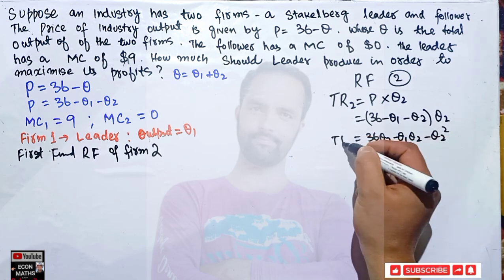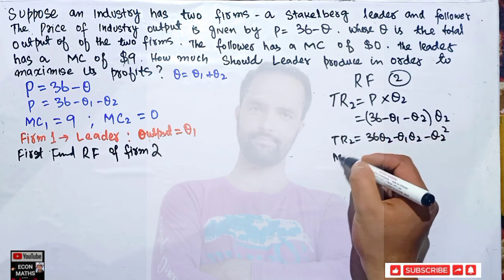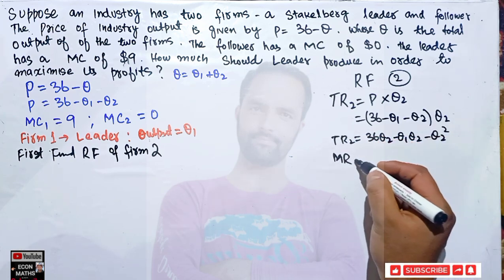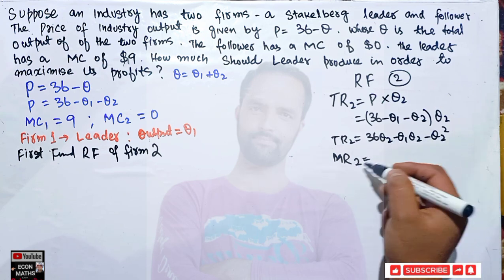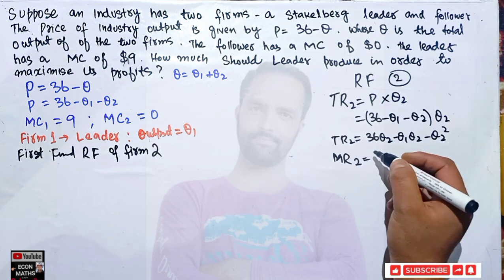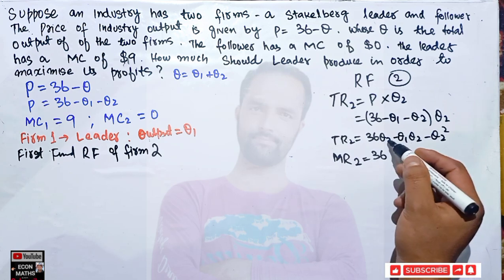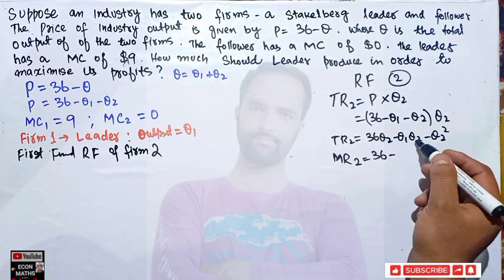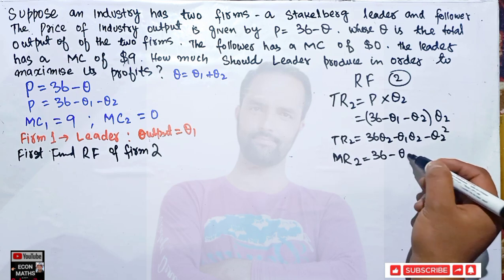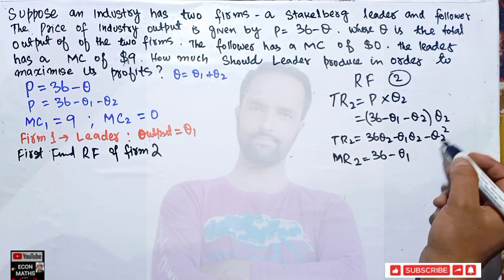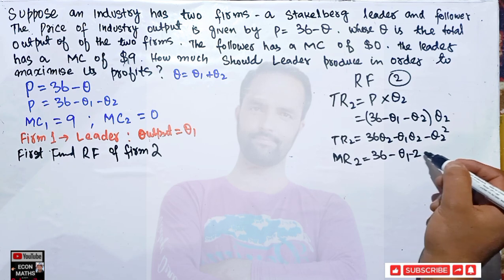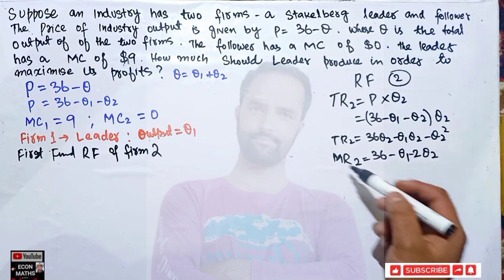This is total revenue. What is marginal revenue? Marginal revenue is the derivative of total revenue with respect to quantity Q2. The derivative of 36Q2 is 36, the derivative of Q1Q2 is Q1, and the derivative of Q2 square is 2Q2. This is our marginal revenue.